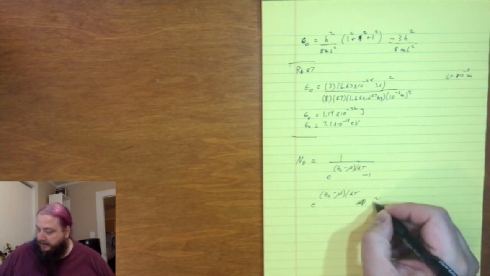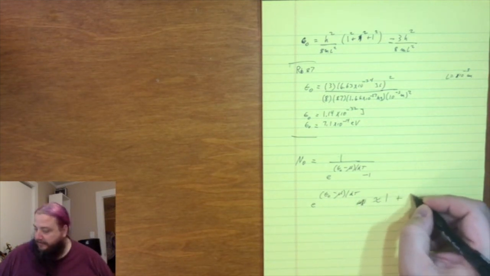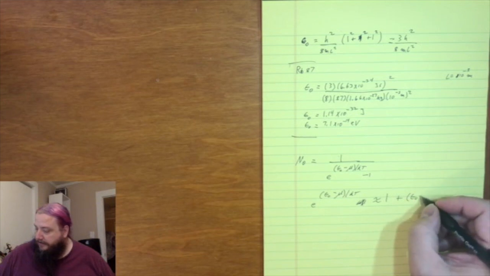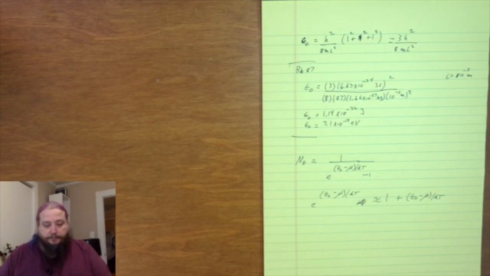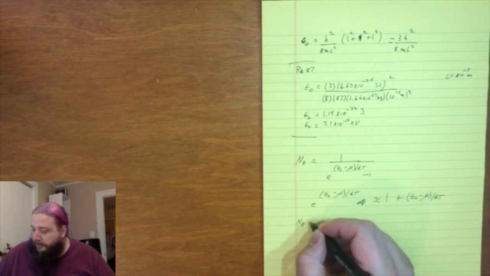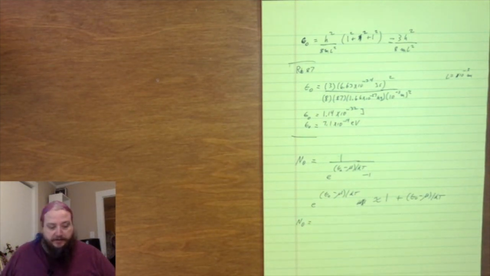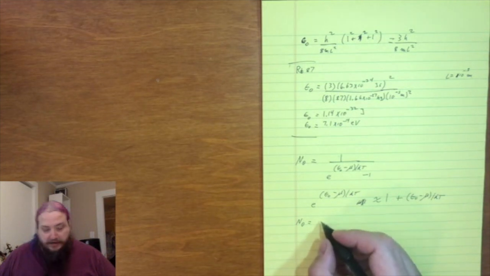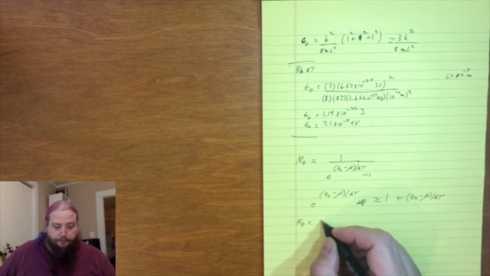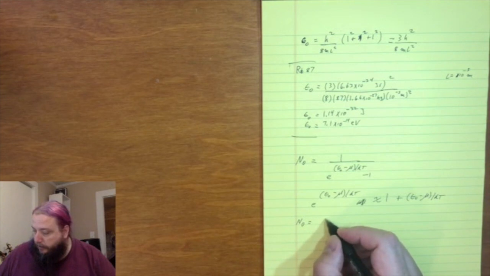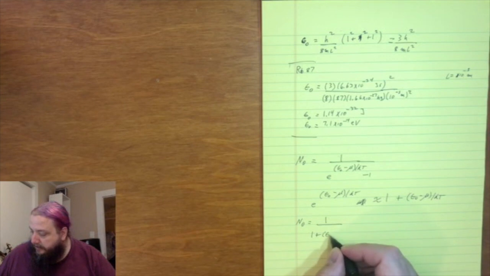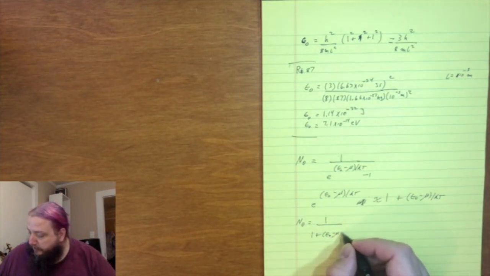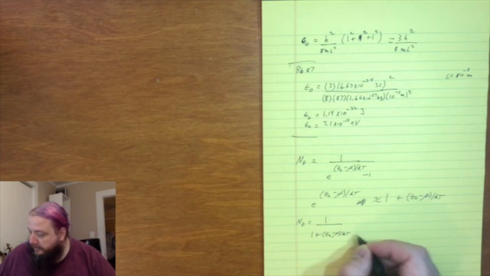is approximately 1 plus energy minus chemical potential over kT, or in other words our occupation of that ground state would be expected to be 1 over 1 plus E naught minus mu over kT, minus 1.